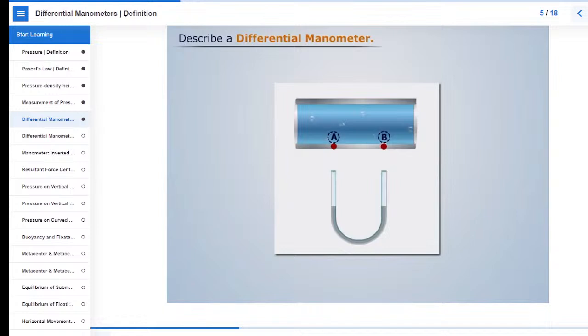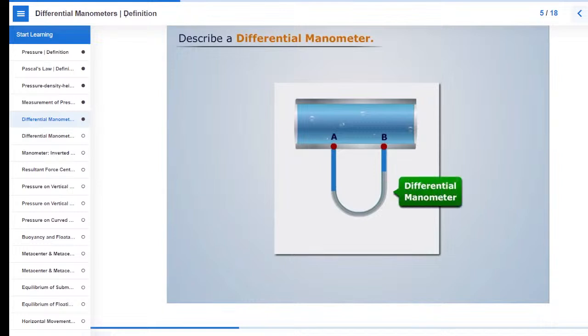In order to do so, we will install a U-shaped device known as differential manometer.